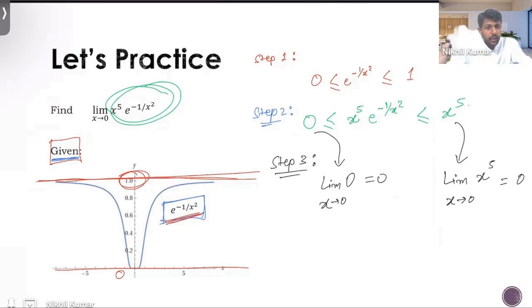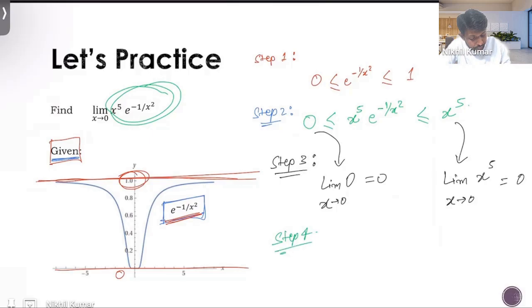Limit of g of x and limit of h of x is coming out to be the same, and the value is 0. Well, it's a coincidence that in the two questions that we did, the limit was coming out to be 0, but using the squeeze theorem, we do get finite limits as well. So don't think that whenever you have to use the squeeze theorem, the answer is always going to be 0. No, that's not true.